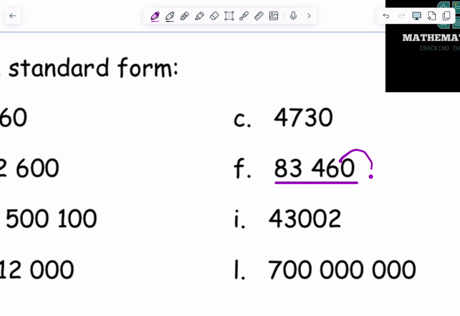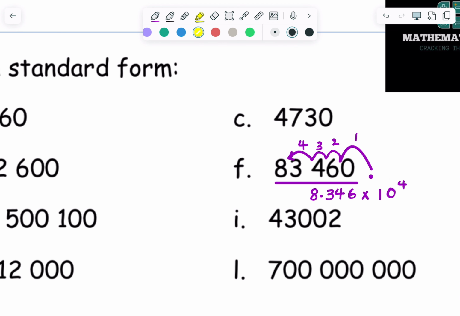So it's one place here, then one place here, then another place, then another, and then another. So I have moved 1, 2, 3, 4 places, correct? That means my power of 10 will be 4, and so this will become 8.346 times 10 to the power of 4, and that is my answer. Got it? Was that simple? I think that was very simple.